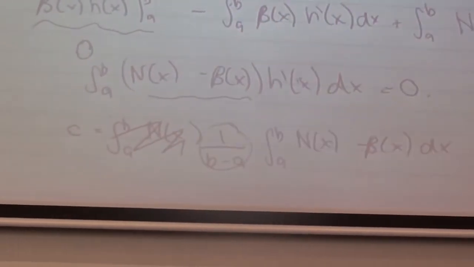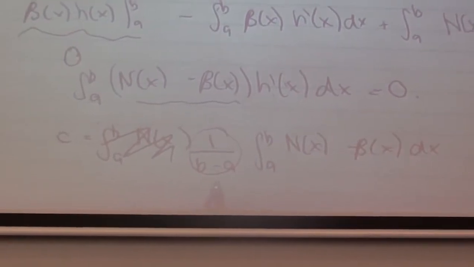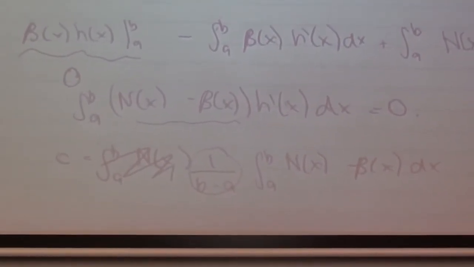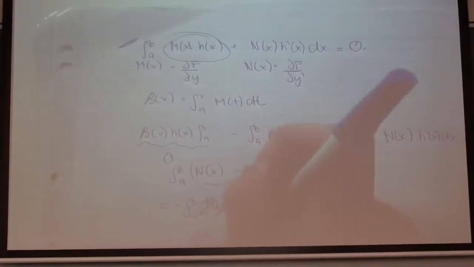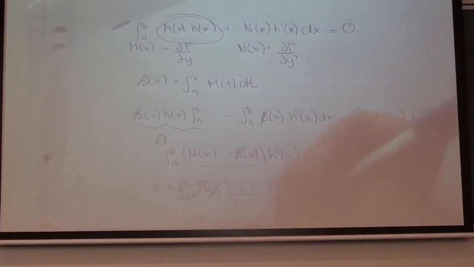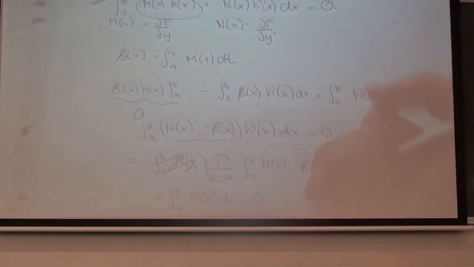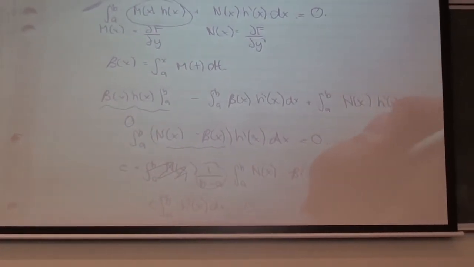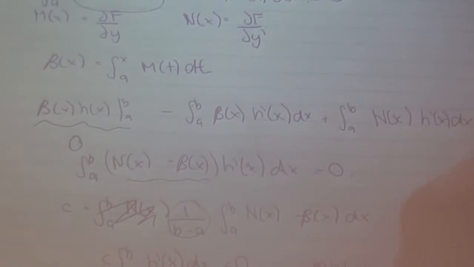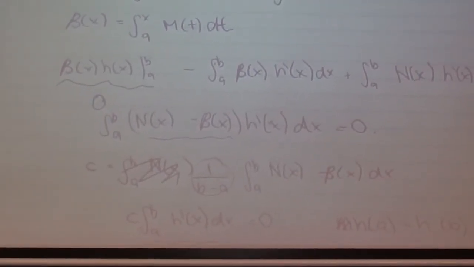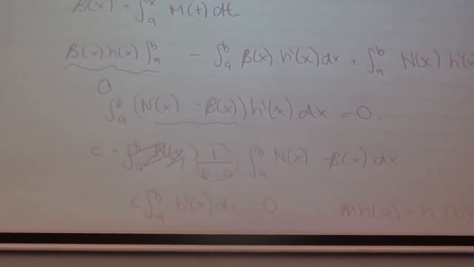So mirroring this term here, but this constant out the front becomes apparent so that you can satisfy the conditions when you plug it in to the function later. So c times h of b minus h of a equals 0 because of the boundary conditions on h, h of a and h of b equal 0. So we can plug this c into the equation that we have here.